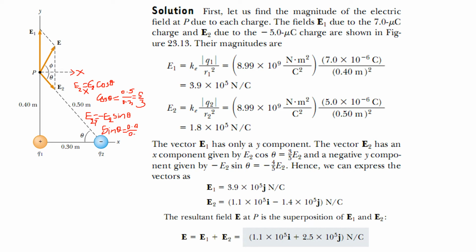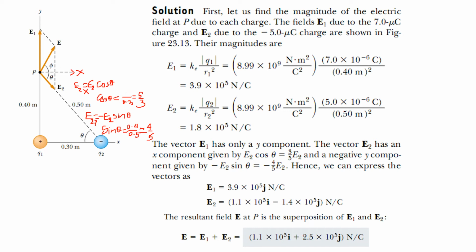Then this is equal to 4 divided by 5. And in the first part we made a little mistake.